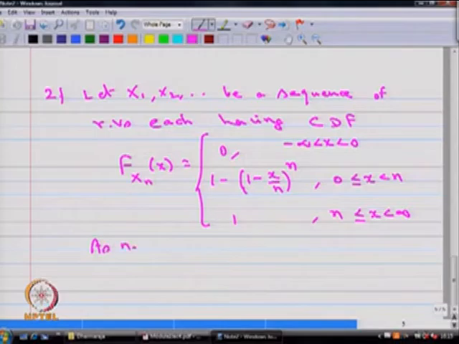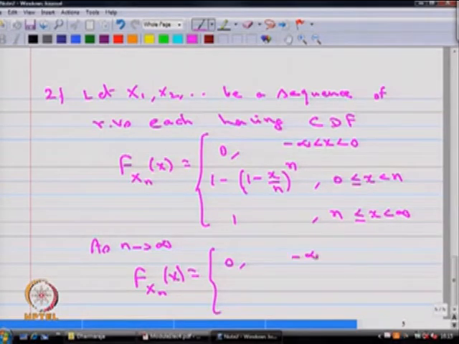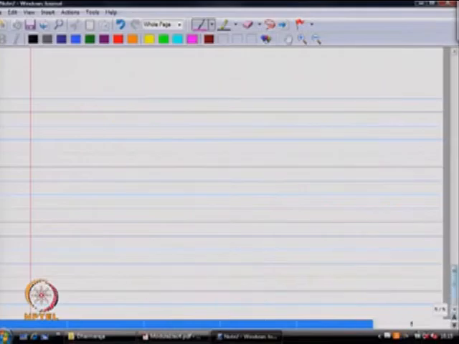As n tends to infinity, we get F_{X_n}(x) becomes 0 from minus infinity to 0, and it takes the value 1 minus e power minus lambda x, where x lies between 0 to infinity.